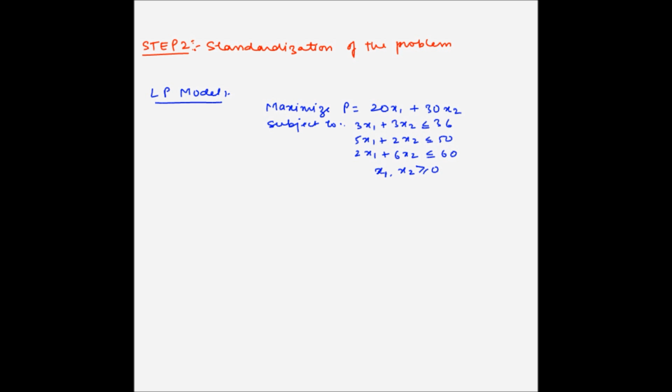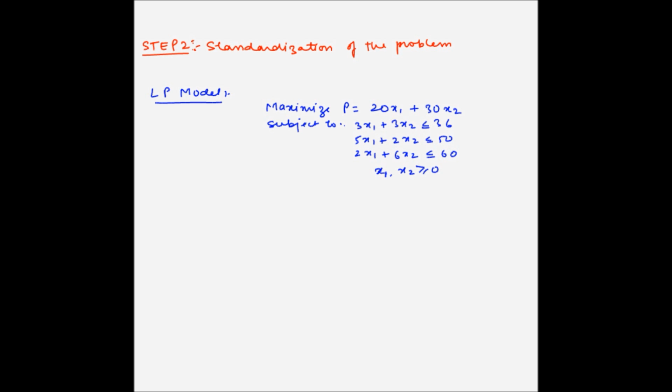Now there can be a condition where x1 and x2 are such that the left hand side is equal to 35 hours. Now if it is 35 hours, then we cannot manufacture even a chair or a table because each of them needs 3 hours on machine M1 and we only have 1 hour remaining.